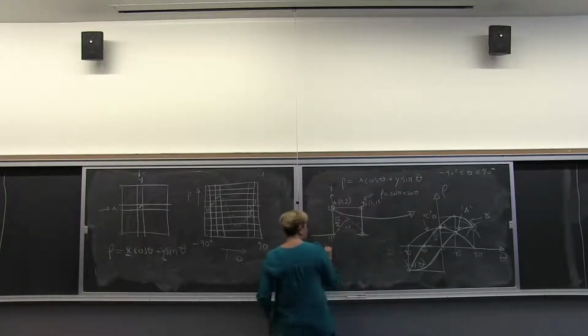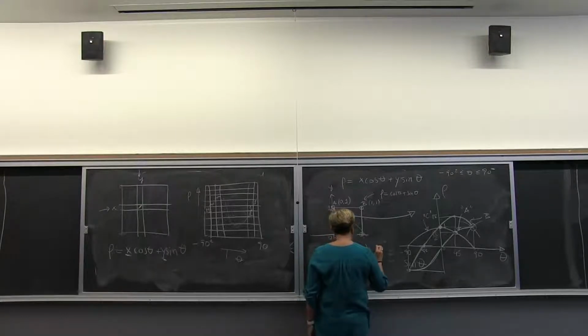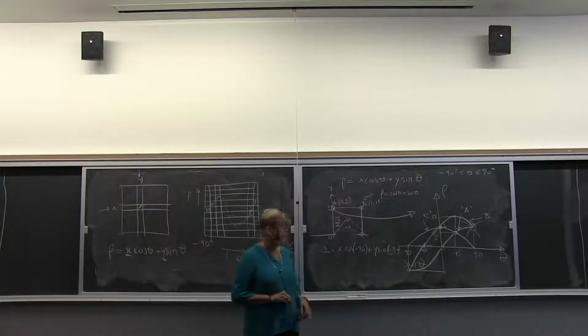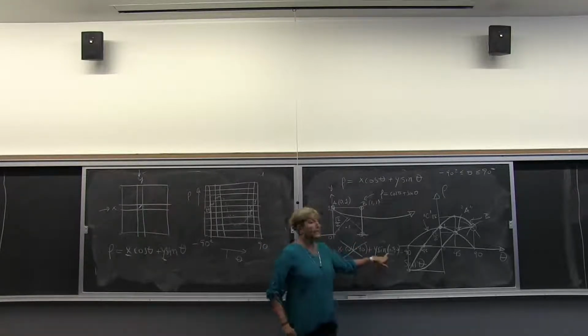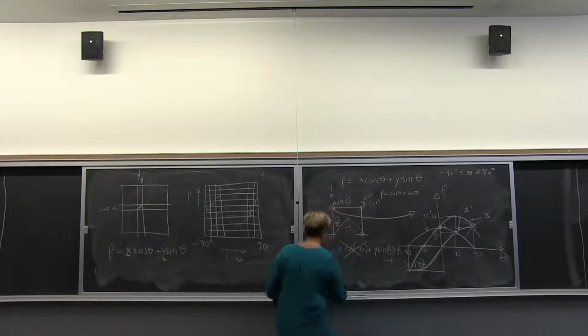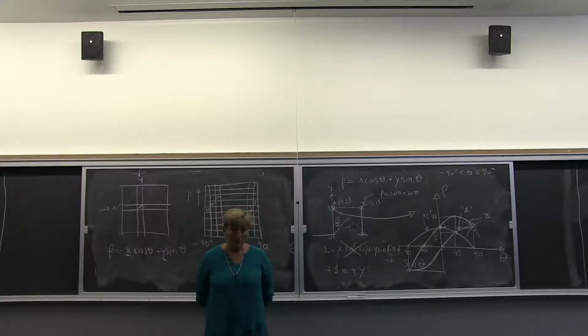Minus 1 is equal to x cosine of minus 90 plus y sine of minus 90. What is cosine of minus 90? 0. What is sine of minus 90? Minus 1. So what I get is minus 1 is equal to minus y, or y equals 1. So it's the same line.